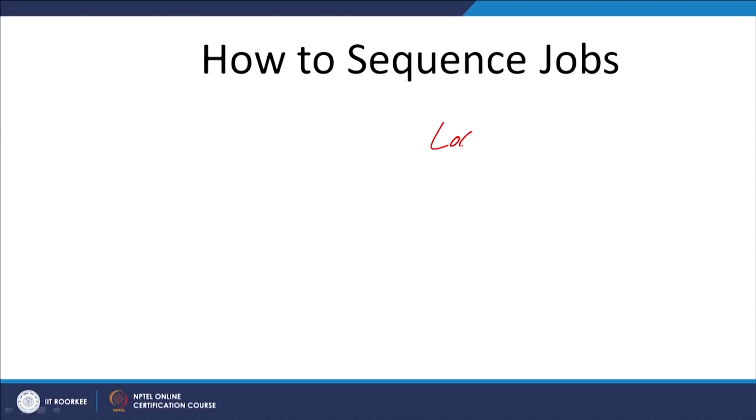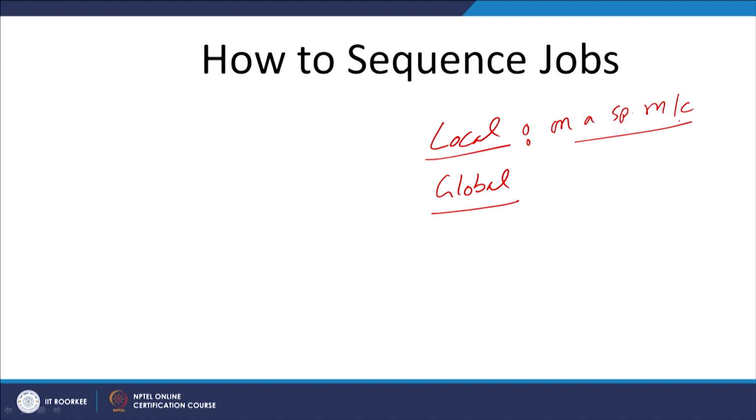As far as sequencing is concerned, there are two broad approaches. One is local and another is global. When a priority sequencing rule is applied on a specific machine, it comes under the category of local sequencing.